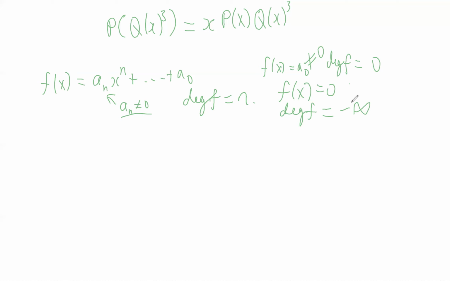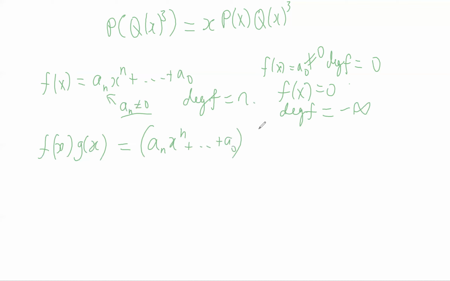So if you have two polynomials multiplied together, f of x times g of x, so what's the degree? That's the kind of question we're trying to ask here. x^n, that's the f part.